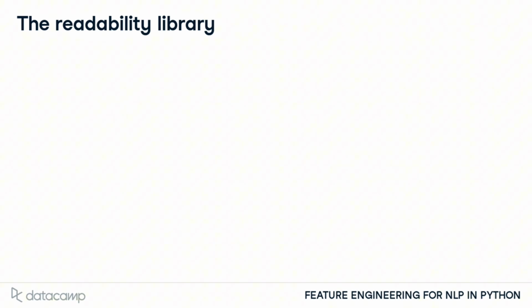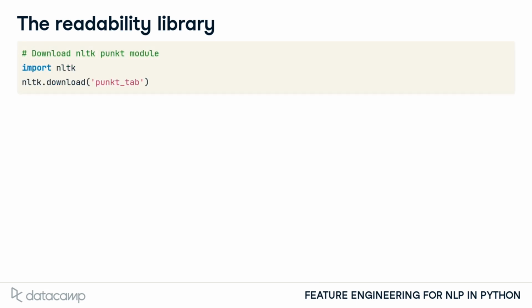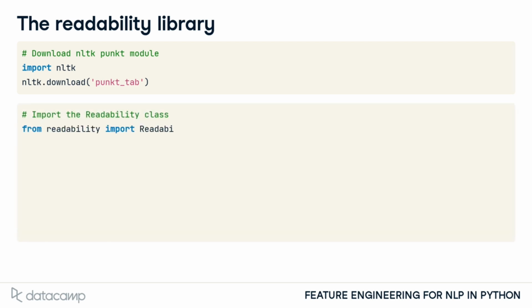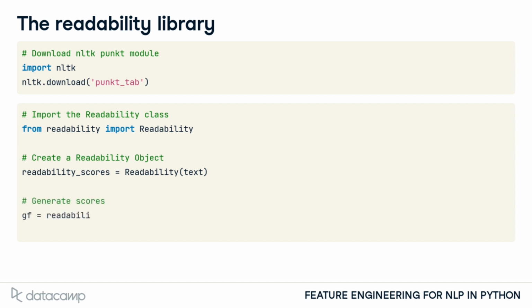In order to use this package, we first need to download the punkt module from NLTK. We then import the Readability class from readability. Next, we create a Readability object and pass in the passage or text we are evaluating. To compute a readability score, we call a method that computes the score of our interest, for instance, gunning_fog.